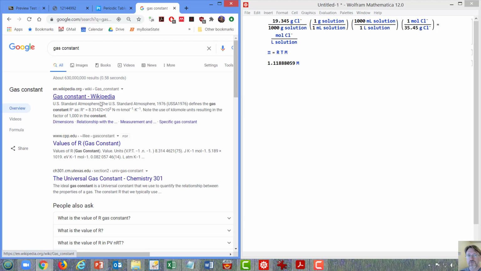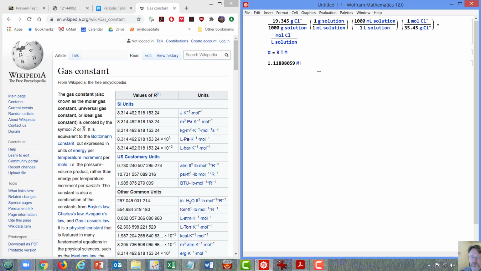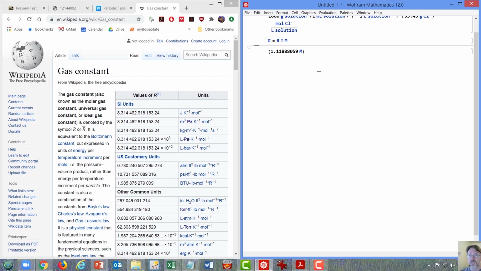We're also going to need our temperature. I'm going to go ahead and put the temperature in so that we can see our units pretty as well as possible. So what we have here, remember this is moles per liter.